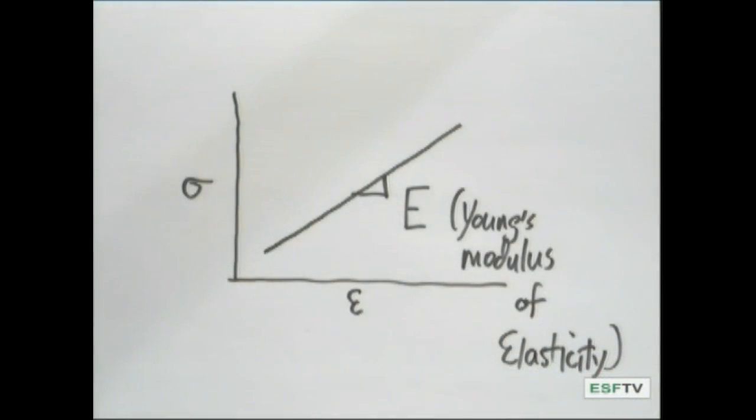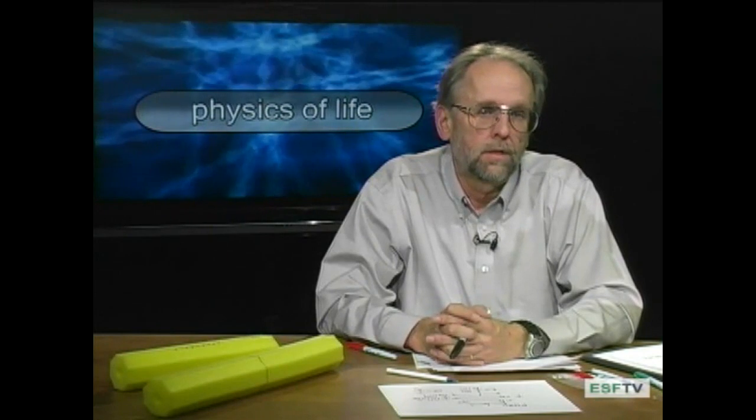Now, it's important to realize a couple of things about Young's modulus. One of the most important is that Young's modulus is a property of a material and not so much of an object.